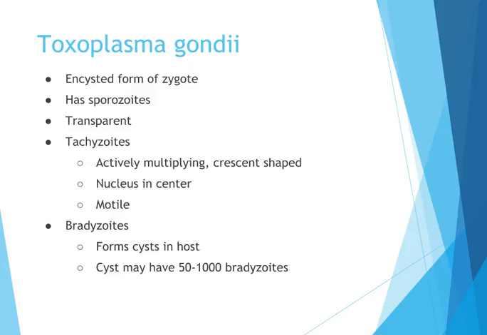Over 50% of the United States has been exposed and has antibodies. So you don't even know you were exposed. It's not going to make us sick. The definitive host is the cat, and the cats eat the rats that have cysts in them.